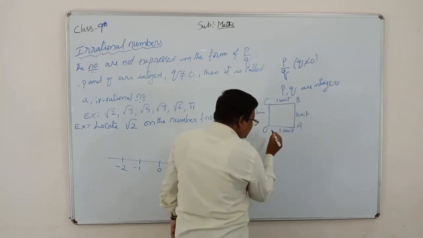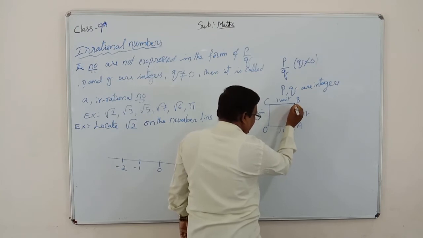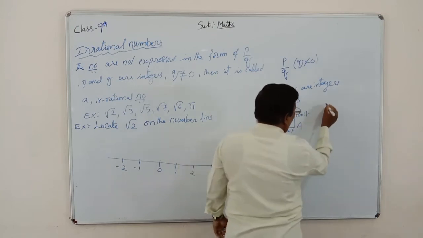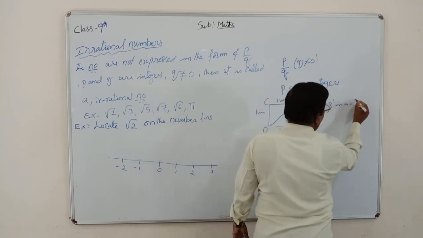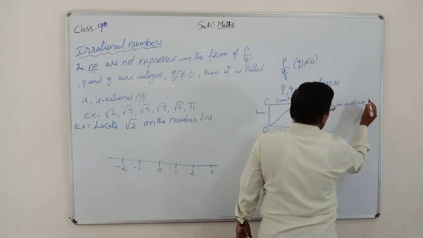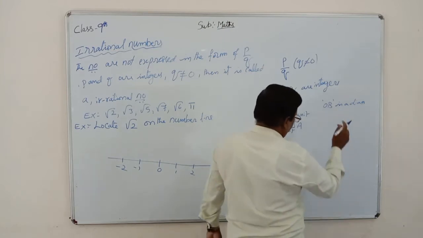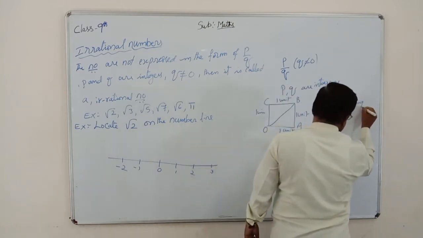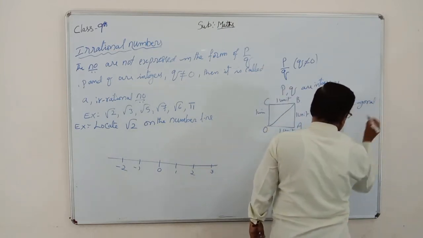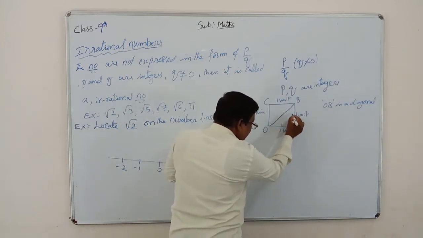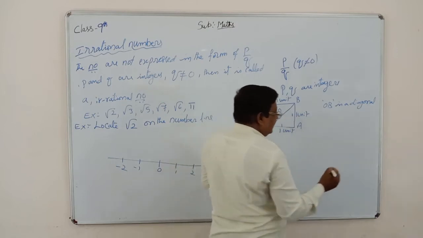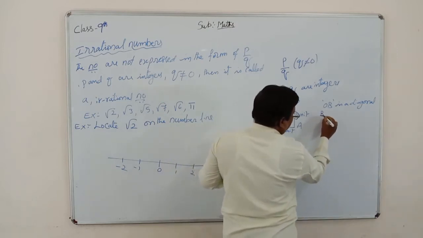See here, this side is 1, this side is 1. When you join these two, OB is a diagonal. This is 1, this is 1, and to find this we use the Pythagoras theorem.